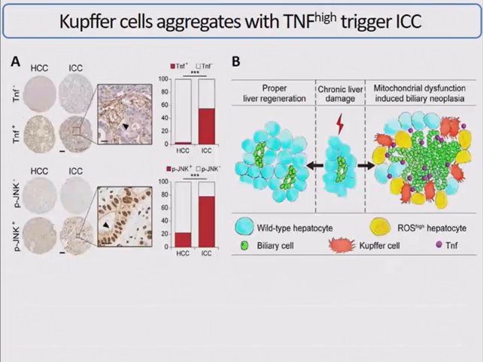So finally, I would like to come to the human data. So of course, the question is now, is the phospho-ChainK or the ChainK signaling also strongly activated within human tissue specimens, comparing HCC to ICC?